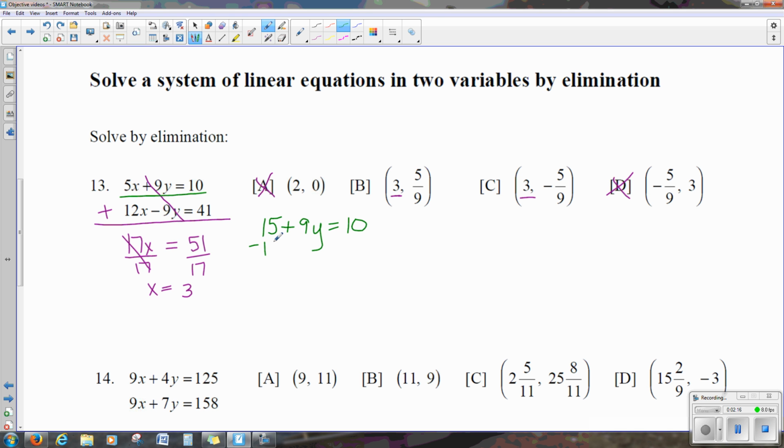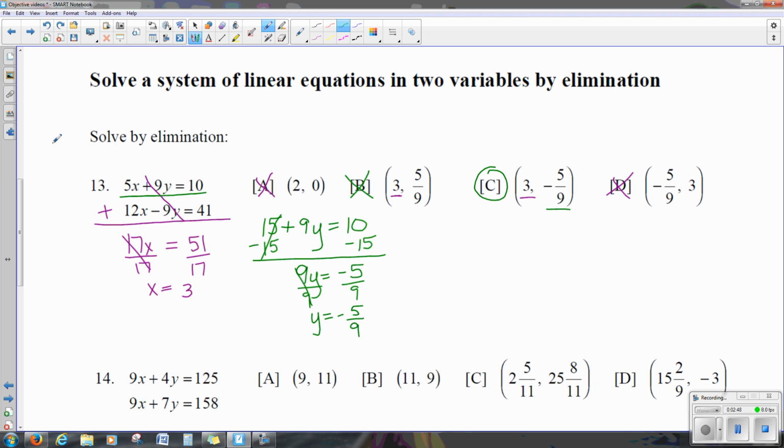Now, if I subtract 15 from both sides, we'll find out that 9y equals negative 5. So when we divide both sides by 9, we find out that the y value is negative 5 over 9, which makes this one the correct answer.